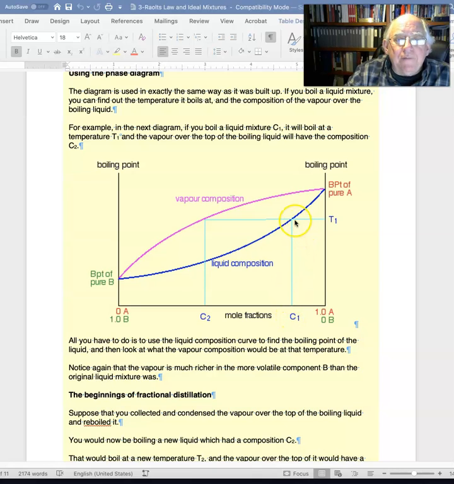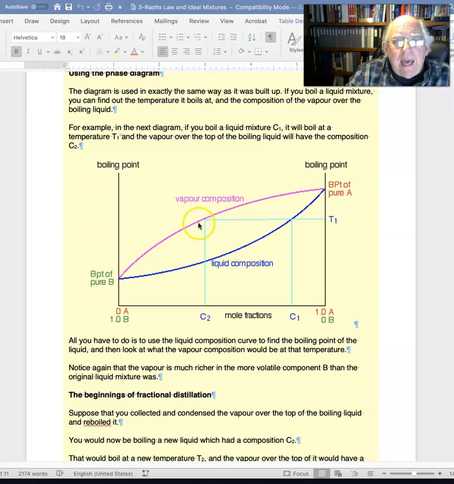C1, or that liquid, will have a boiling point that will be T1, and what comes off of the surface at this particular point is vapor, and what we're going to find is it's going to be more B than it is A. And so just as we discussed, the more volatile component is going to come off greater than the less volatile component. And so what will be sitting above the surface of that particular composition will be a composition C2.